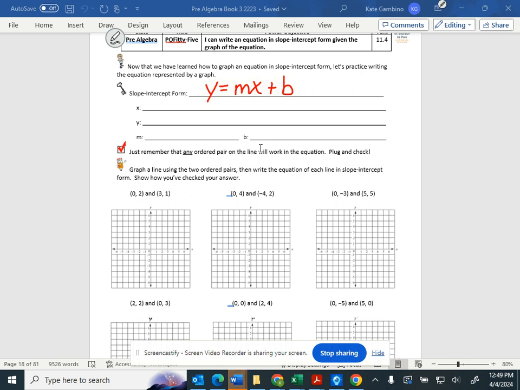What does the x stand for? The x value of any ordered pair on the line.